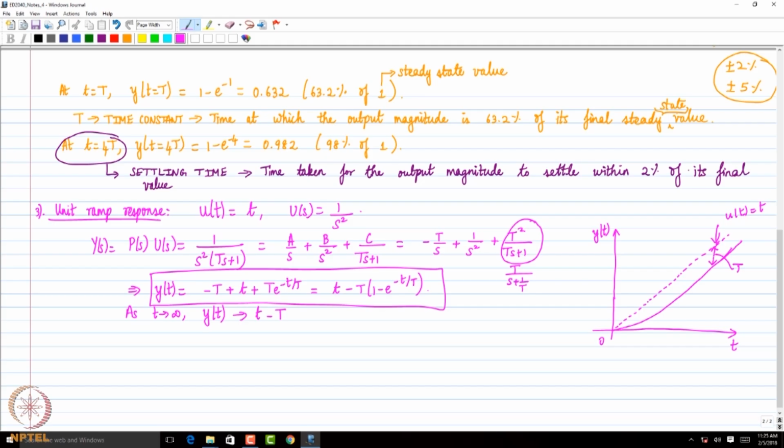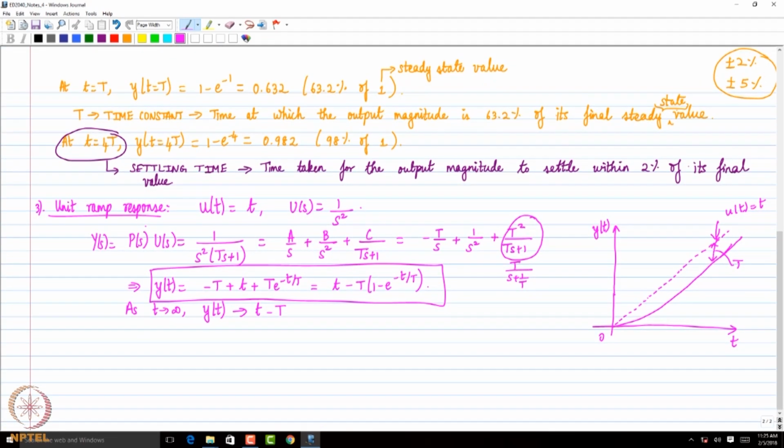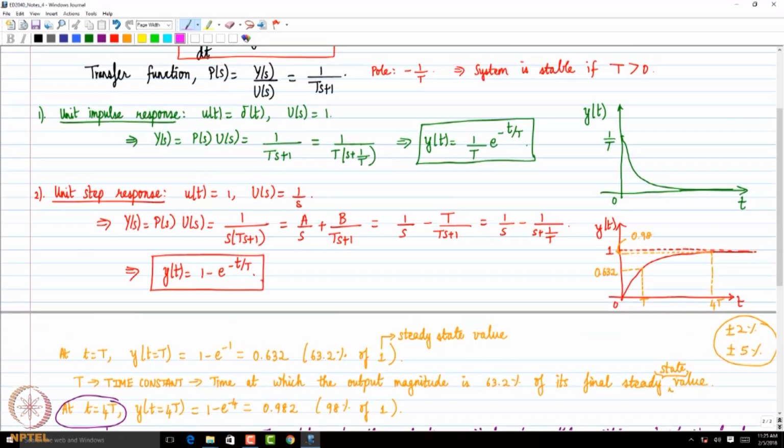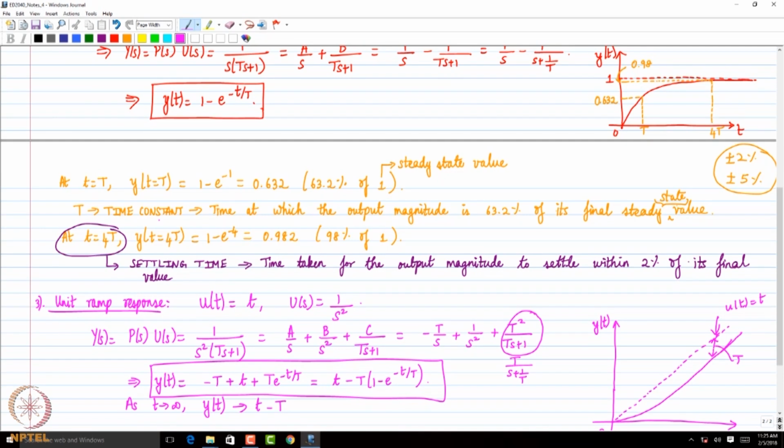Now if you look at all the three responses, what can you observe? Let's say this is our unit ramp response, and we look at our unit step response, which is this in the red box, right. Can you find some correlation between them? Just between the two functions, right?